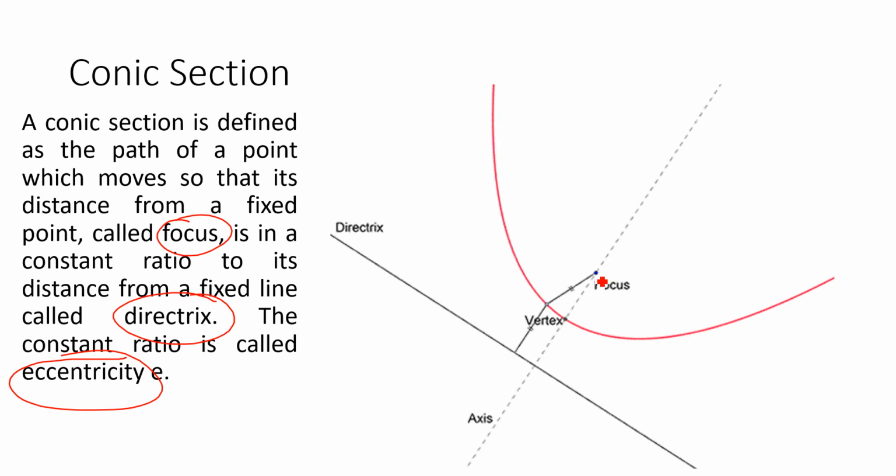As we can see here, the point focus does not move. And then the directrix is the fixed line, therefore it also does not move. And then the eccentricity is actually the ratio of this line over that line, and that's what we call eccentricity.